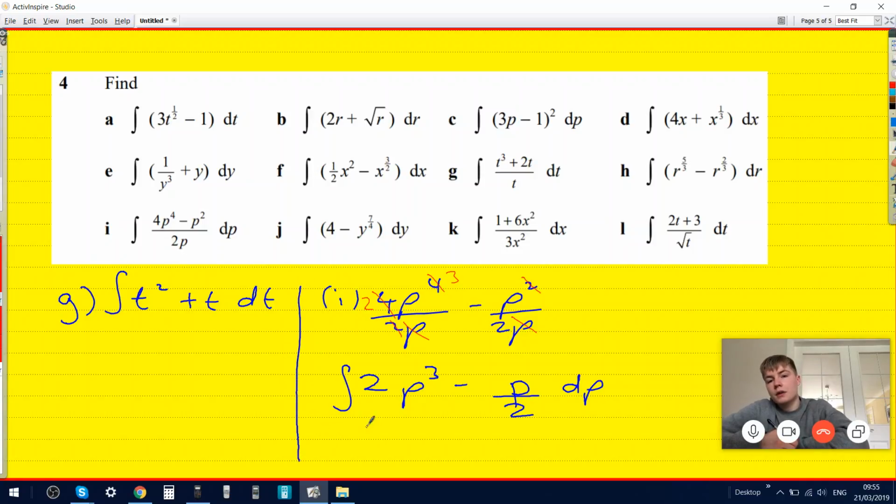Half p to the 4, minus... Does that become p to the minus 2? It's currently p to the 1. Right, so p squared.